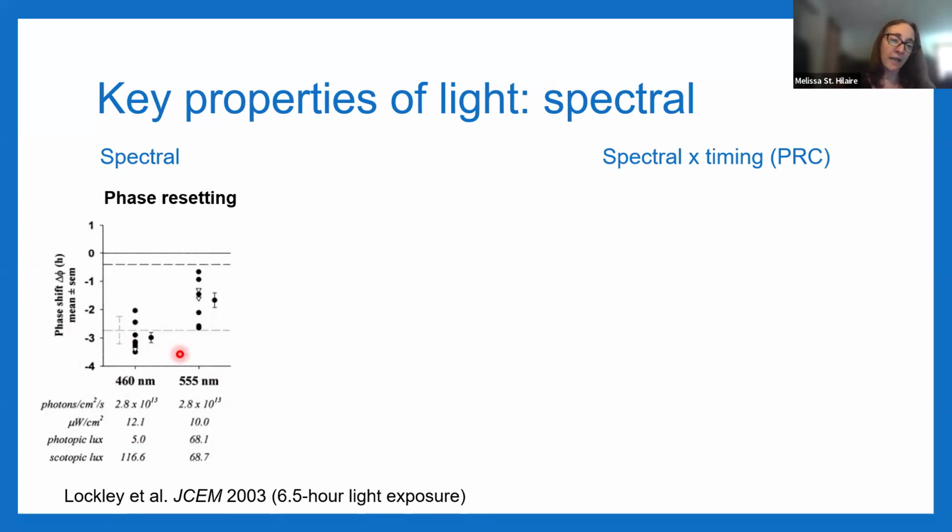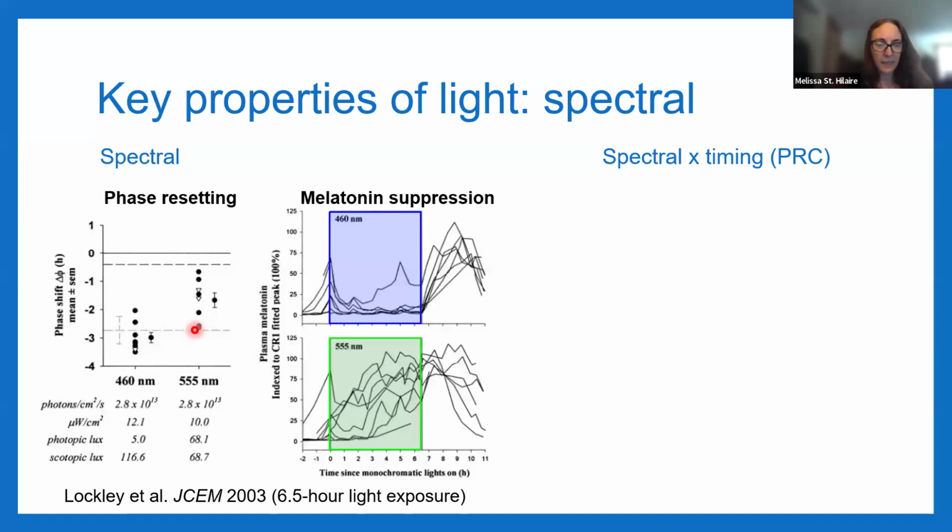Basically, you see that the phase shifting is much stronger in response to the blue light meant to trigger the melanopsin system versus what appears to be green light that is thought not to trigger that system. And the same is true of melatonin suppression. If you expose individuals to those two wavelengths of light, you see very strong melatonin suppression in response to the shorter wavelength light.